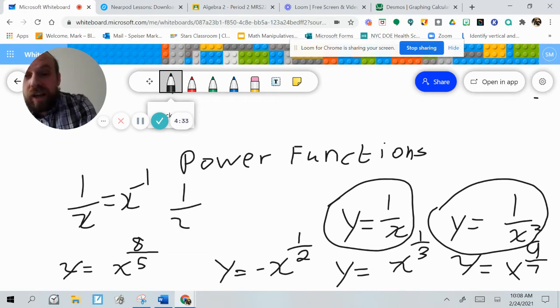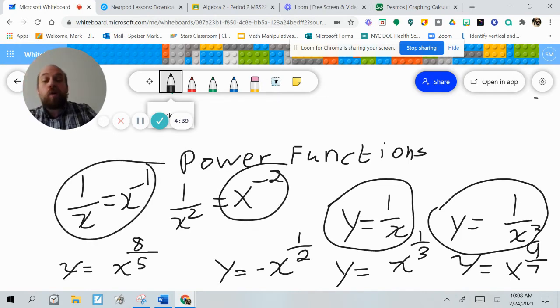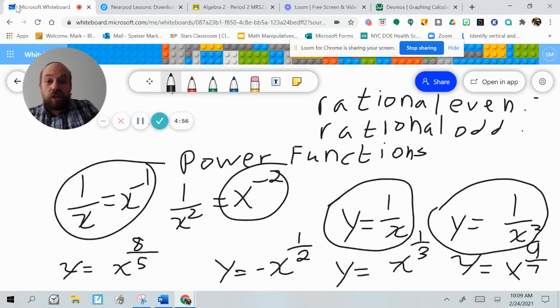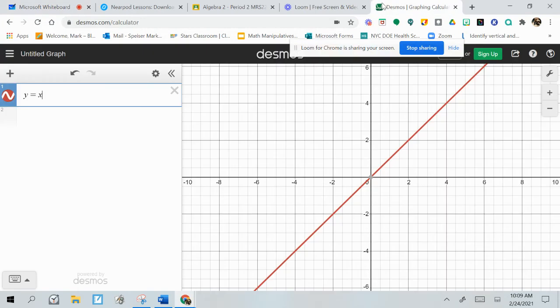And 1 over x squared is the same thing as x to the negative 2. Those are both power functions, and they're called rational power functions. And they're also broken up into rational even and rational odd. Let's look at both of those.